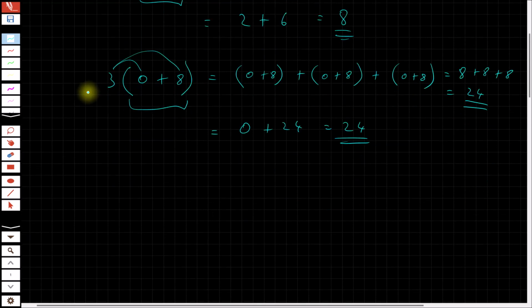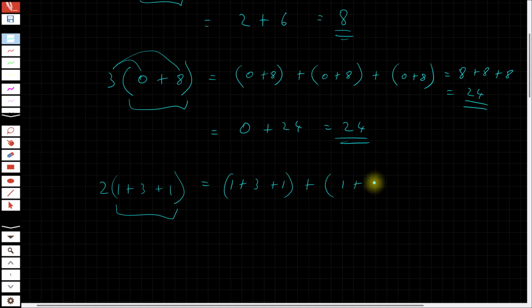We can apply this property to any number of items within the brackets. So for example, we might have 2 times 1 plus 3 plus 1. So it's 2 of these, 2 times this numbers in brackets. So that equals 1 plus 3 plus 1, that's one of them, plus another one, 1 plus 3 plus 1. 1 plus 3 is 4, 4 plus 1 is 5.